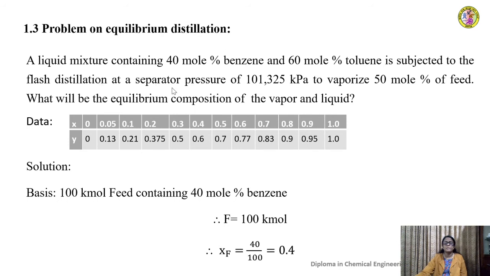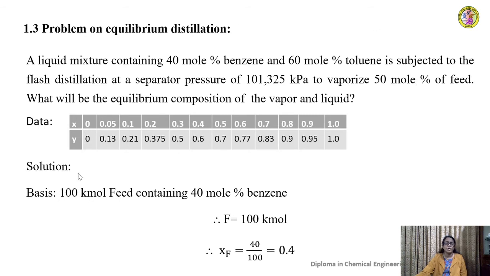Also the pressure at which the operation takes place is given: 101.325 kilopascals is the total pressure. This operation is carried out to vaporize 50 mole percent of the feed, so almost half of the feed needs to be vaporized.